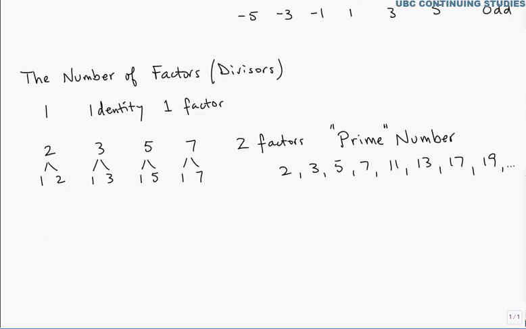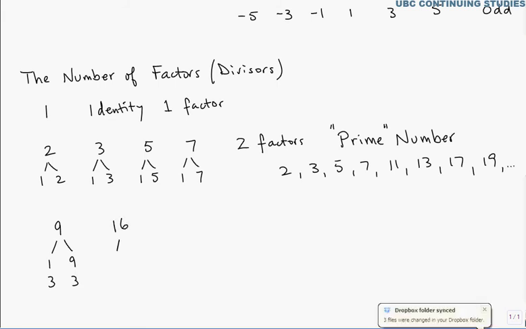Now, what kind of numbers have more than 2 factors? Well, let's take a look at a number like 9, for instance. You can write 9 as 1 times 9, or you could write it as 3 times 3. Now the 3's there are the same, so this has only 3 factors.